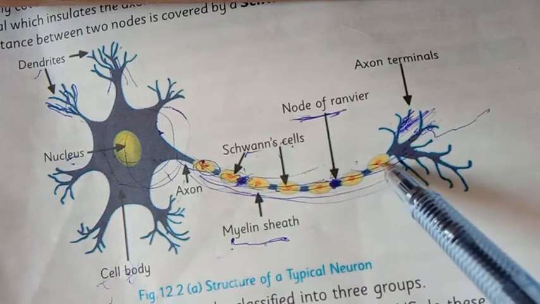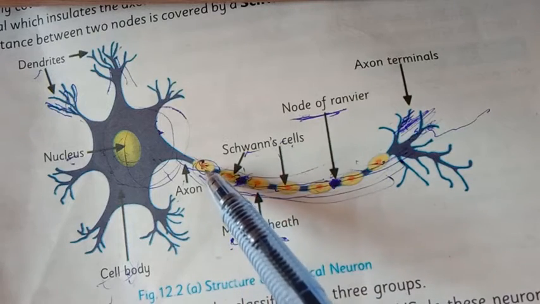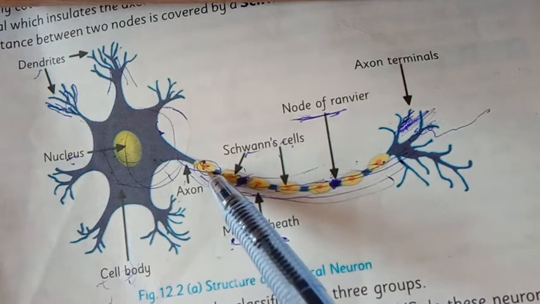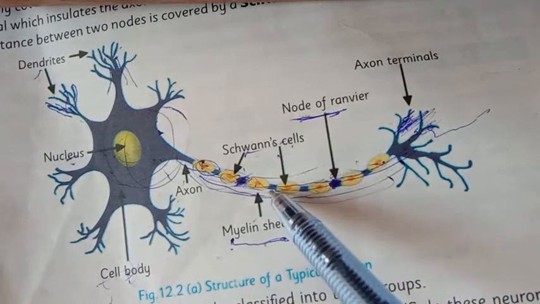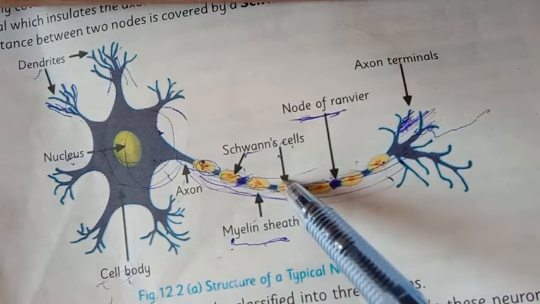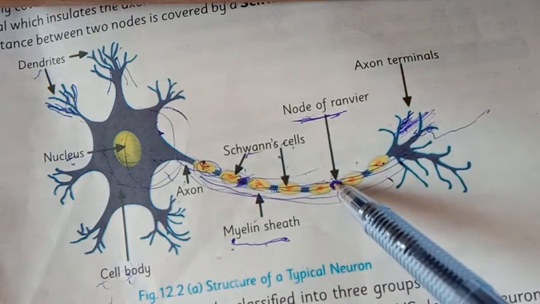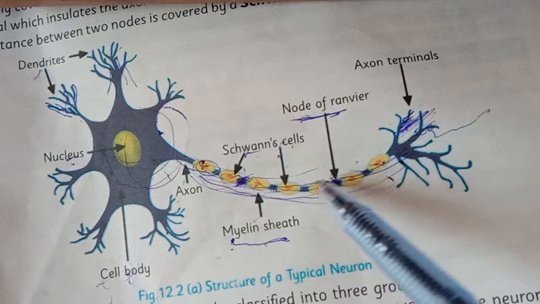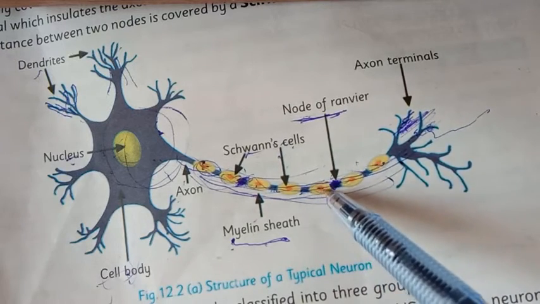And inside, small cells are made along the whole length of the axon. Each cell is called a Schwann cell. And then the gap between two Schwann cells is called the node of Ranvier, and the distance between two Schwann cells or two nodes is called the internode.